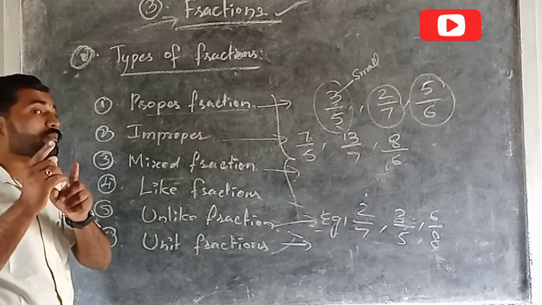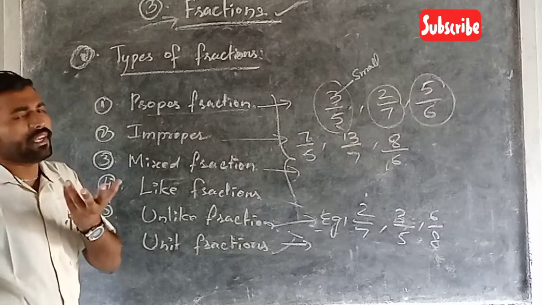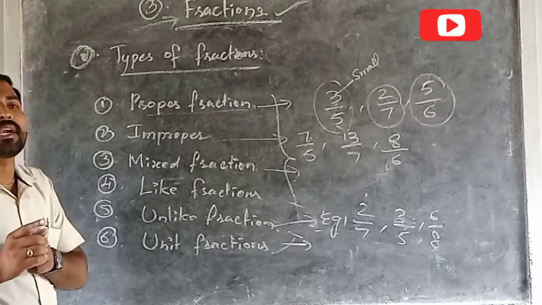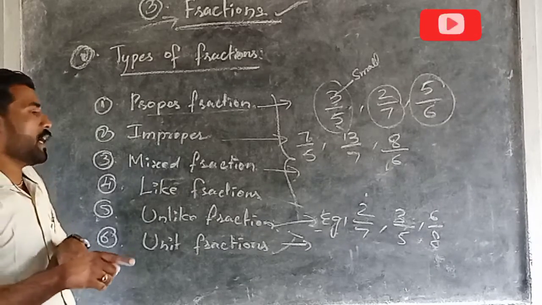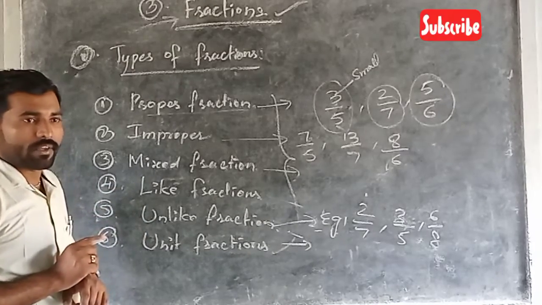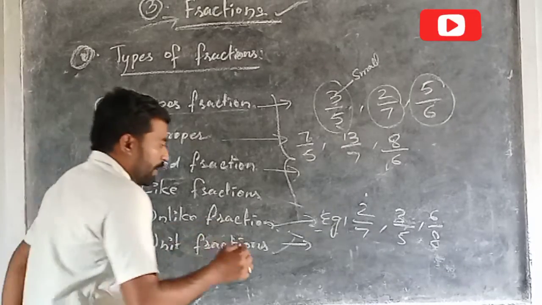In a fraction, if the given numerator is always 1, then that type of fractions is said to be unit fractions.